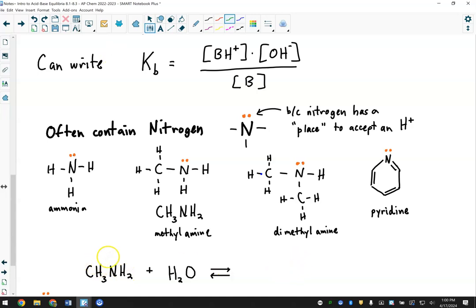Well, remember, this is B, aqueous, this is H, so this is going to be BH. So you're going to write CH3NH3, and then a plus. In other words, remember how we said, where is the hydrogen going to go? Well, that hydrogen is going to attach to the nitrogen, right? The hydrogen from the water is going to attach to there.